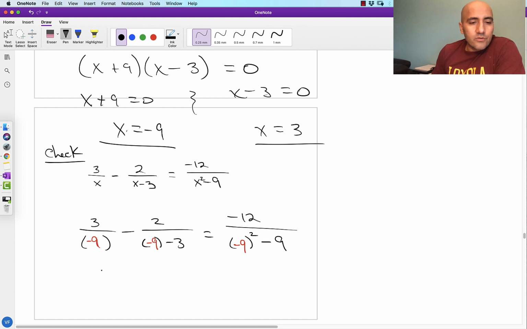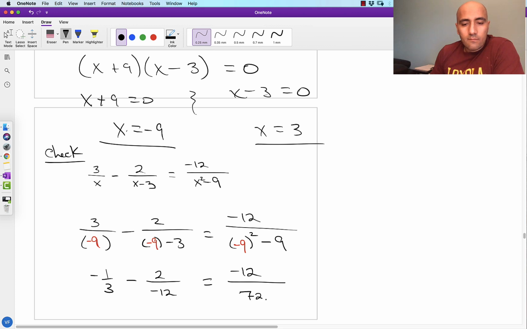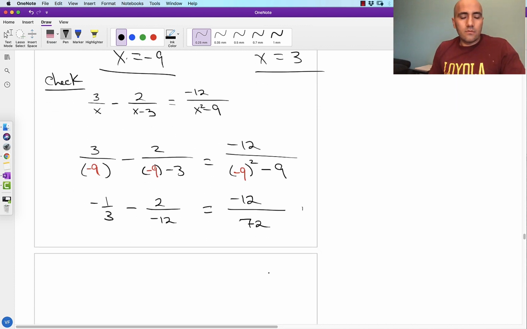So that's going to reduce to negative 1/3, and that's going to be minus 2 over negative 12, and hopefully that's equal to negative 12 divided by 81 minus 9, 72, and then that'll reduce. So then that'll reduce, we have 8 and 9.